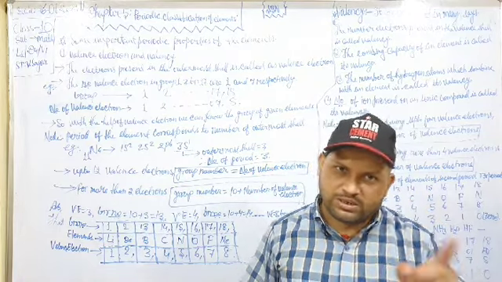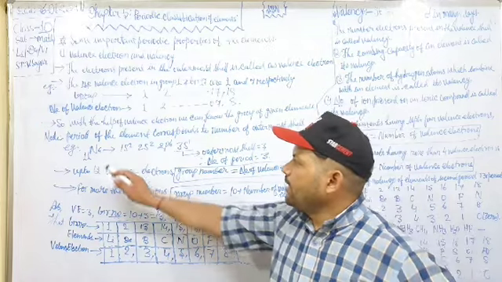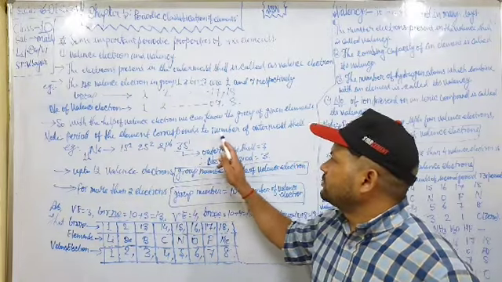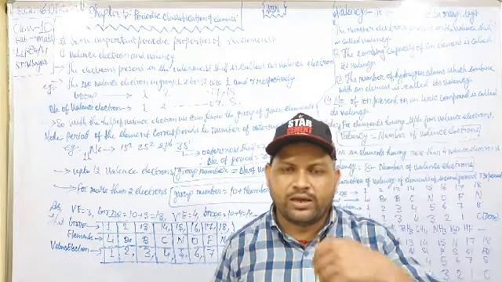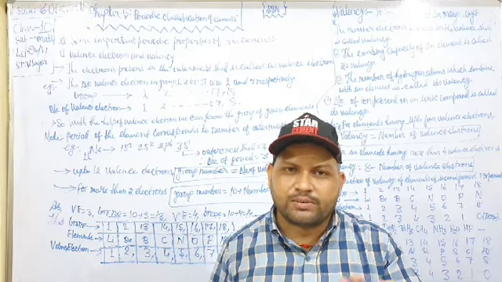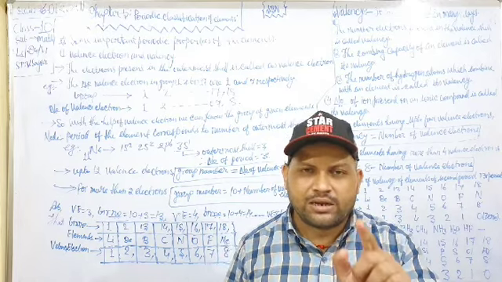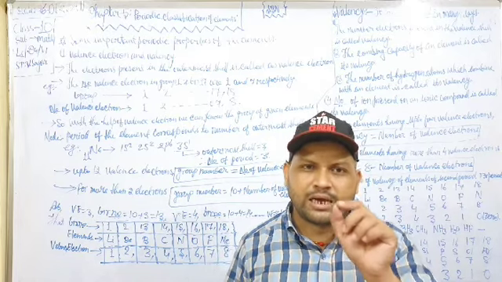Understood? Once again, the period of an element corresponds to the number of its outermost shell. If we want to know the period of a given element, we should know its atomic number.